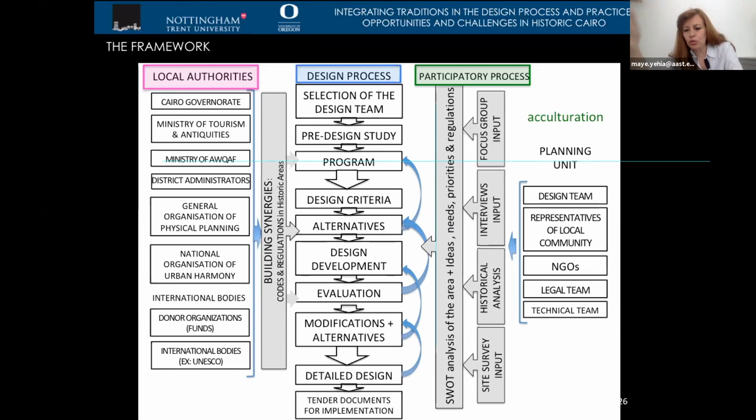And from one side, we can see the participatory process, how it goes, the focus group input and the interview inputs, how to elaborate a SWOT analysis with ideas, needs, priorities and regulations coming from the residents and from all the design teams and representatives of the local community. And from the other side, we can see all the stakeholders of the local authorities, the governorate and the Ministry of Tourism and Antiquities.